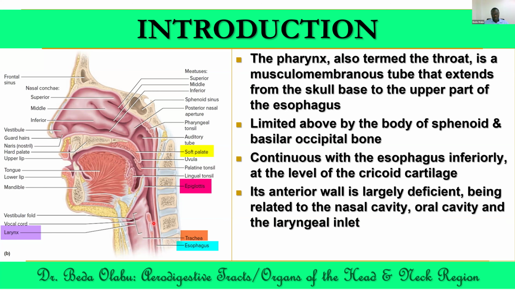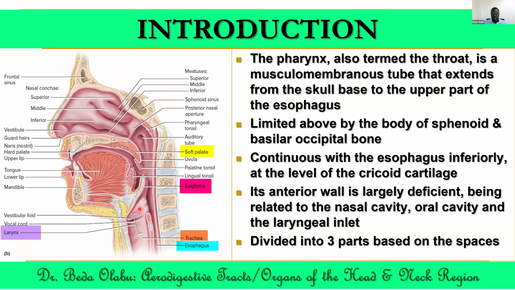The anterior wall of the pharynx is largely deficient because it's related to spaces. Like this region is related to the nasal cavity. This region is related to the oral cavity. And this region is related to the laryngeal inlet. So most of the anterior wall of the pharynx is actually deficient. It is not there.